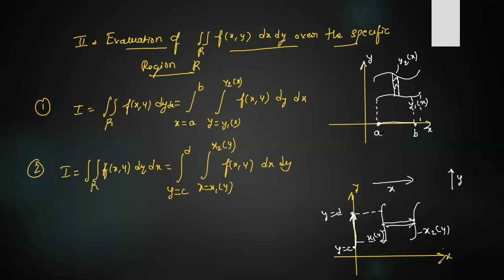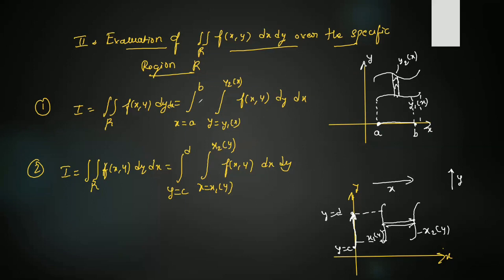And in the first case, when I take x as an independent variable and x varies from a to b, y varies from this boundary to this boundary, or this function to this function. These are the two ways we can write the region. Either you can take x as an independent variable, or you can take y as an independent variable. The answer will be the same for one problem.